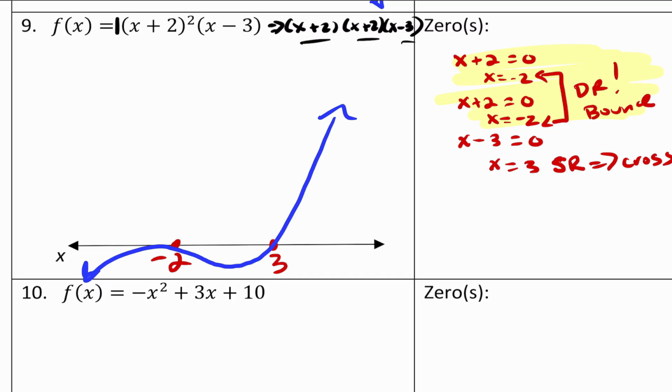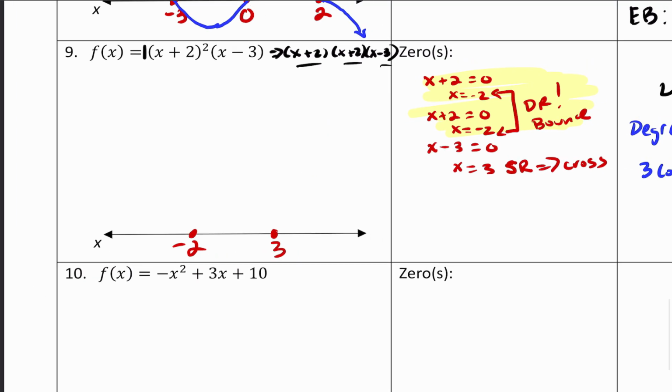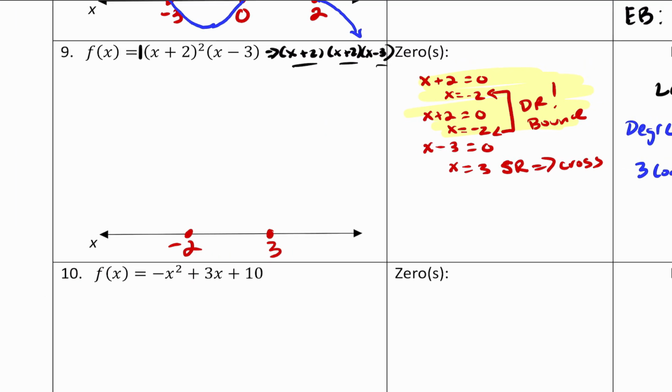All right, and that's a little too fast, so let me go ahead and slow down. So we're going to start on the right, and we're going to go above the x-axis. As I approach 3, we're going to cross, but as I approach -2, -2 is a double root, it's going to bounce along the x-axis.